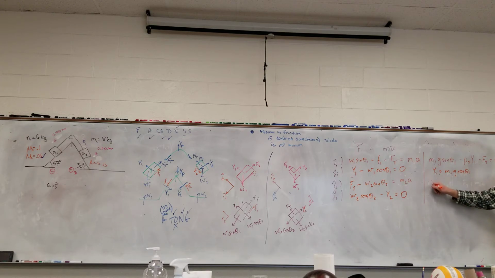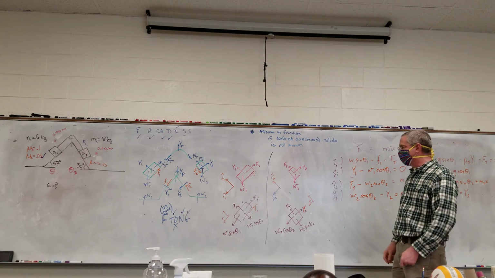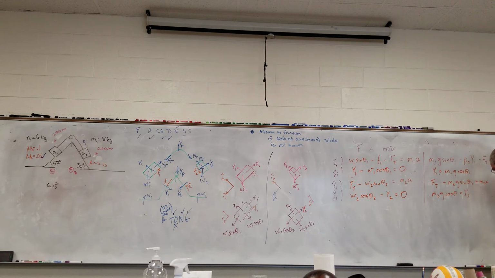The next one, tension minus M2G sine theta 2 equals M2A. And then M2G cosine theta 2 is equal to Y2. Again, that fourth equation we aren't going to use here. It's just there as arm candy for the rest of the equations.